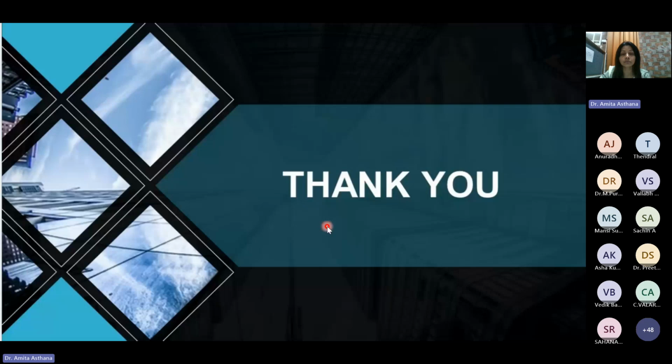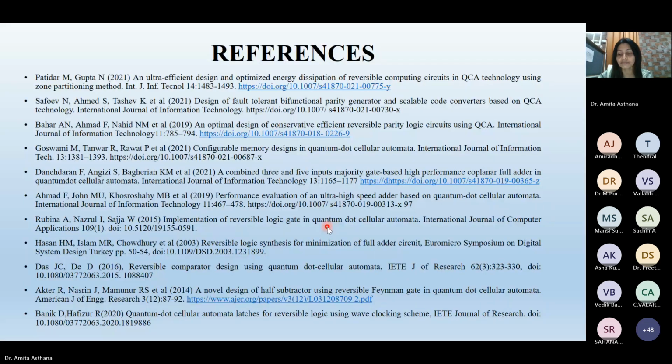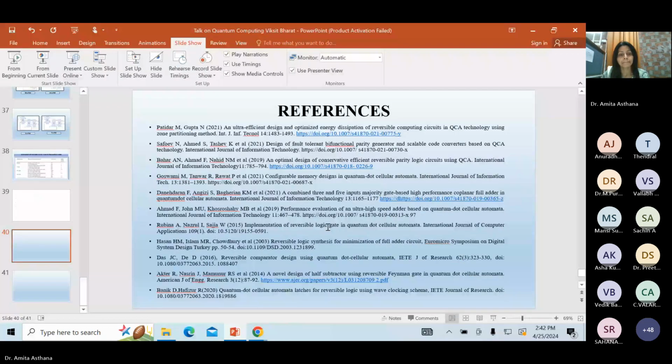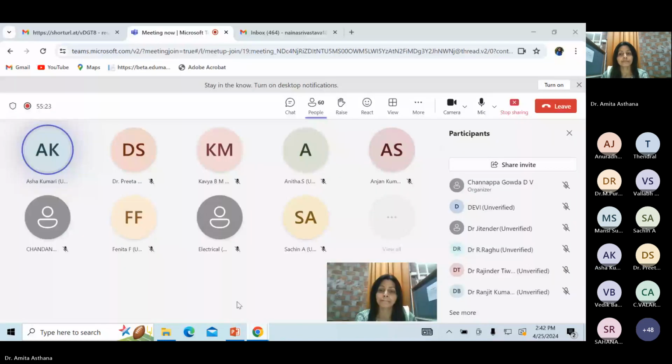So these are the references. Any question? If anyone asks, that is most welcome. Please ask if any doubt is there. It looks like no doubts.